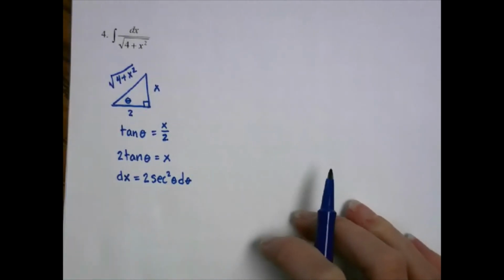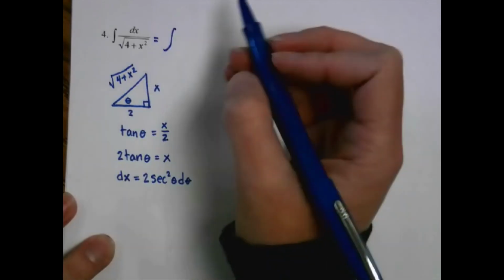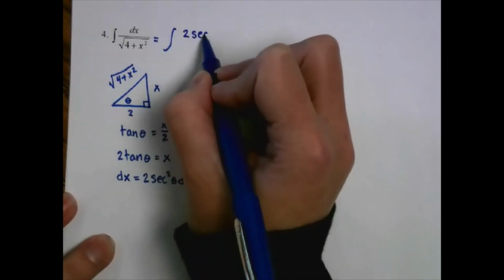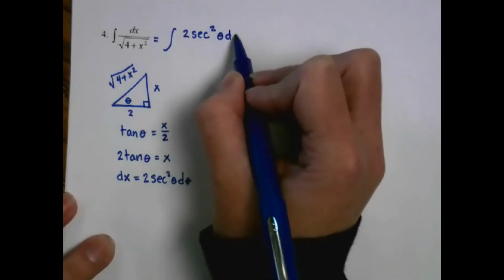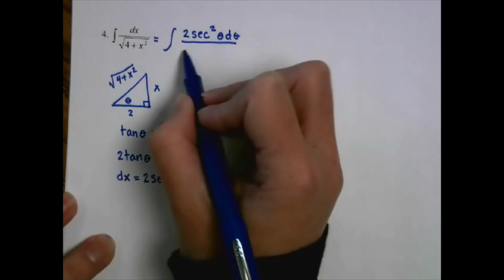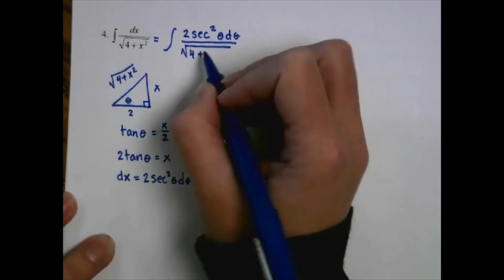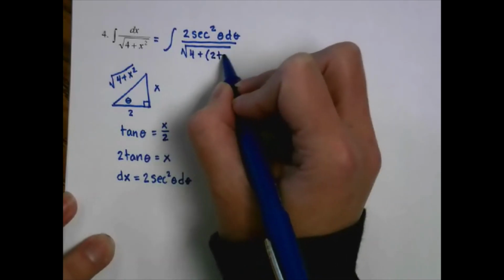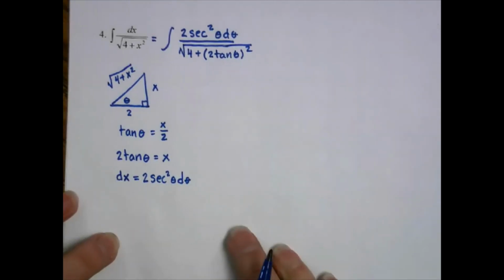All right. So here we're going to have dx replaced with 2 secant squared theta, and in the denominator, we're going to have the square root of 4 plus 2 tangent theta squared.